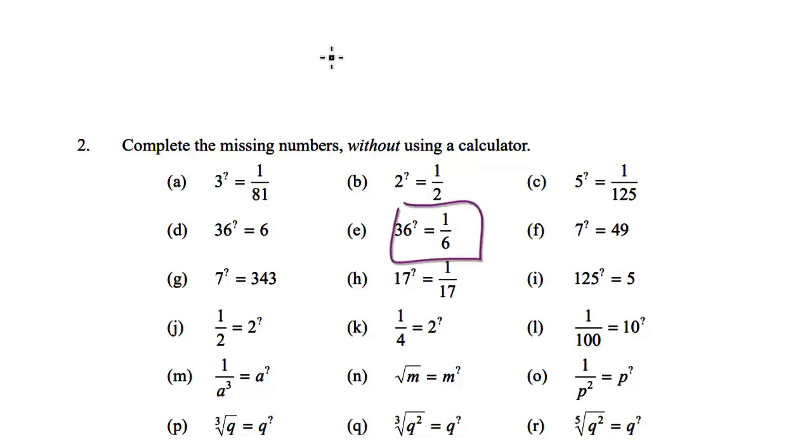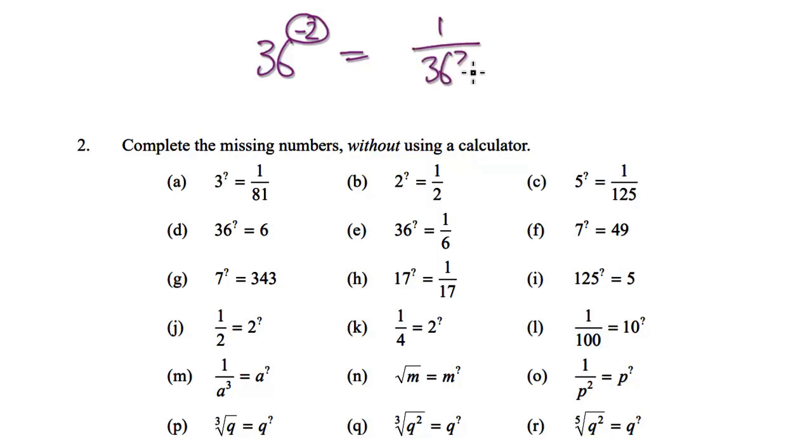Let's put a negative number in there, because if we put a negative number in there, it will give us 1 over something. For example, let me clear this, 36 to the power of negative 2. To the power of negative 2 would be 1 over 36 squared. Now we're getting close because we've got 1 over something, but then this number is too big.